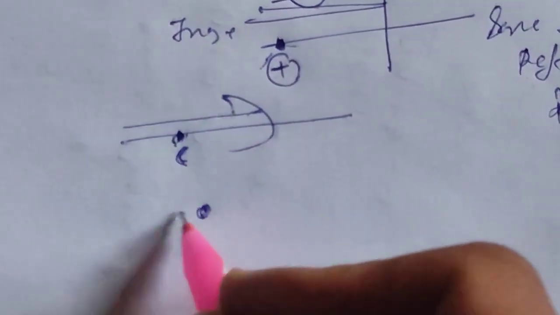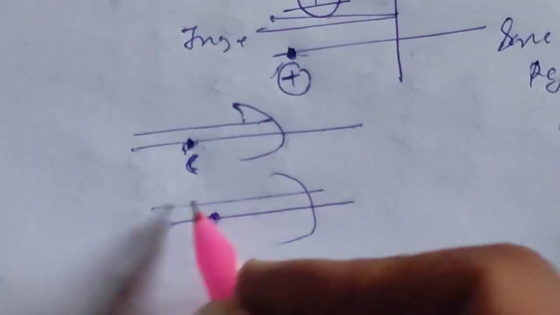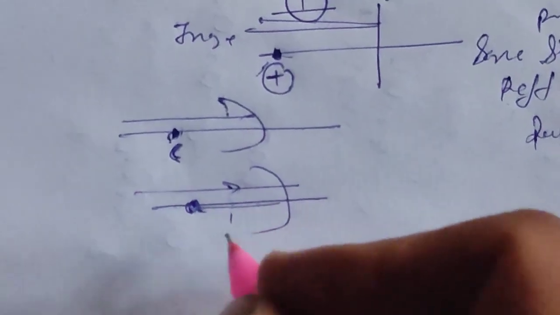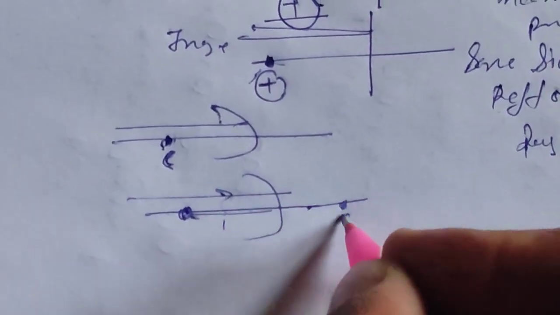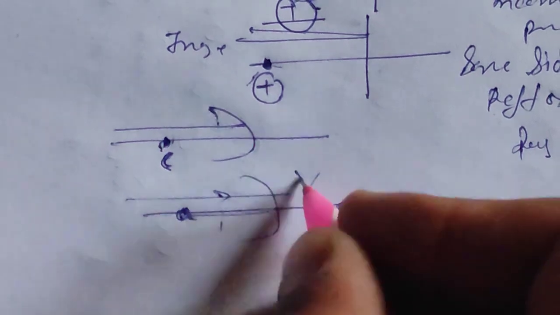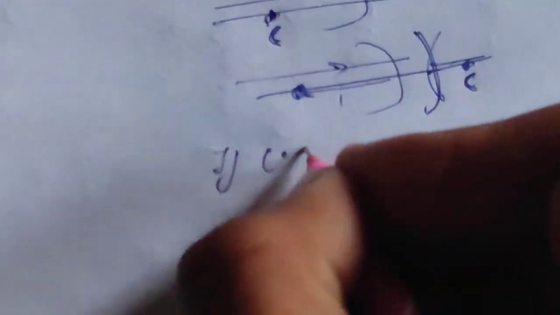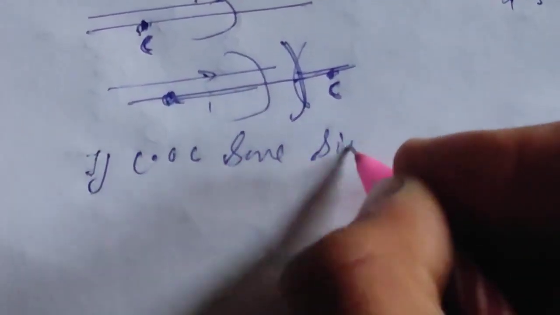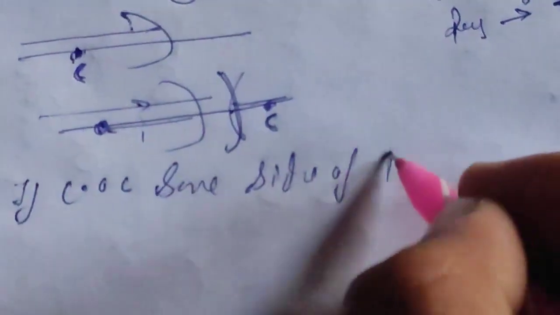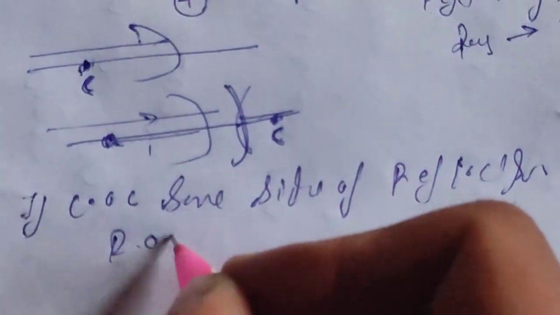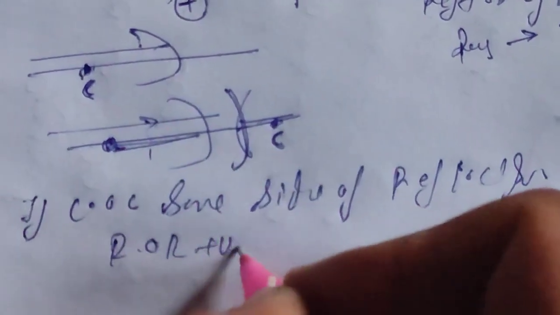If the center of curvature is on the same side as the reflecting surface, where the incident and reflected rays are, then in that case the radius of curvature becomes positive. Means what I am saying is, if the center of curvature is on the same side of the reflective surface, the radius of curvature is positive, otherwise it is negative.